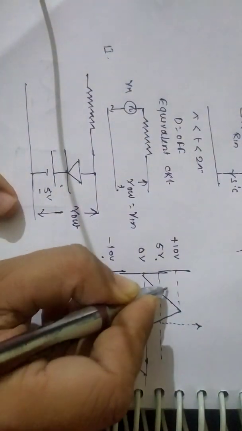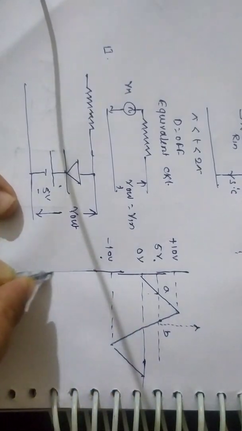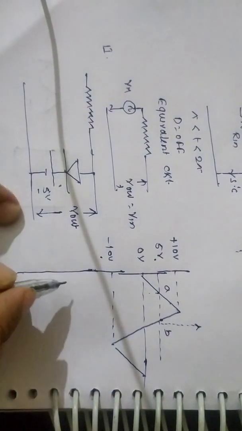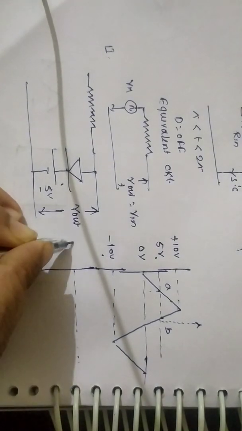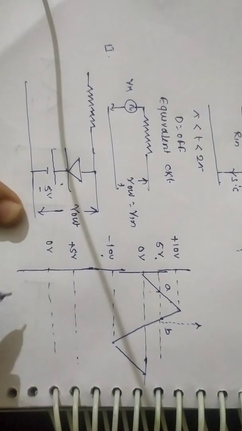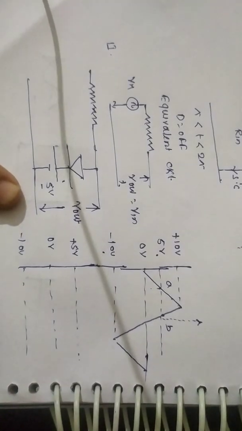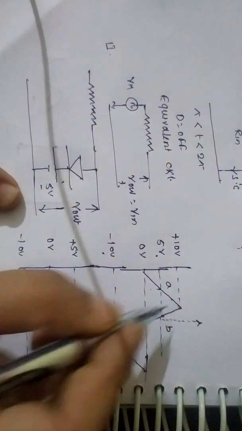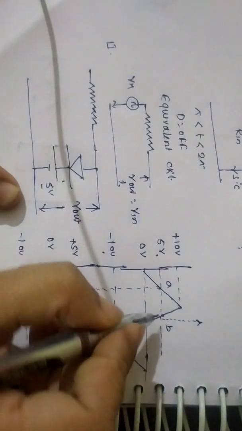So let this point be A, this point be B. Just draw 3 horizontal lines, one of plus 5 volt, another of 0 volt, and third one of minus 10 volt. Any voltage beyond this 5 volt, in the output you get only the 5 volt. So from A to B the output is 5 volt.